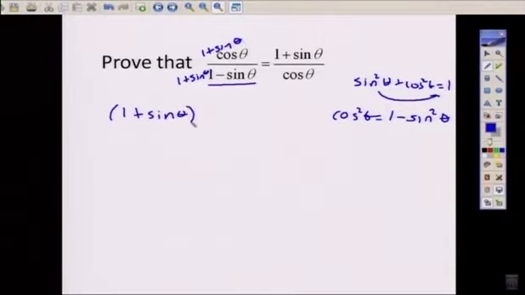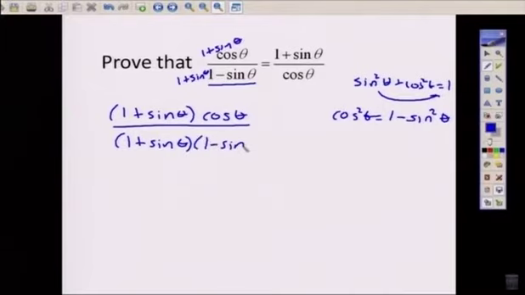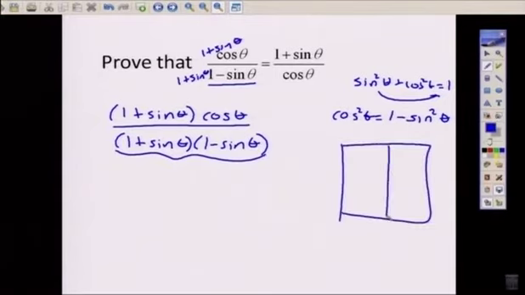So I'm going to multiply top and bottom of this fraction by 1 plus sine theta. So I have 1 plus sine theta times cosine theta on the top. And on the bottom I have 1 plus sine theta times 1 minus sine theta. And now we're going to multiply that together. So 1 plus sine theta times 1 minus sine theta is 1, positive sine theta, negative sine theta.